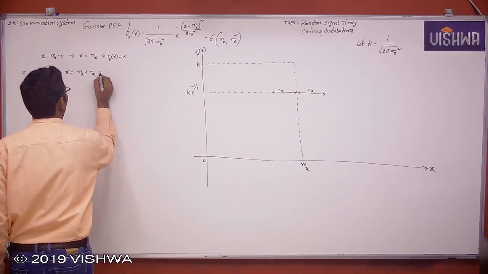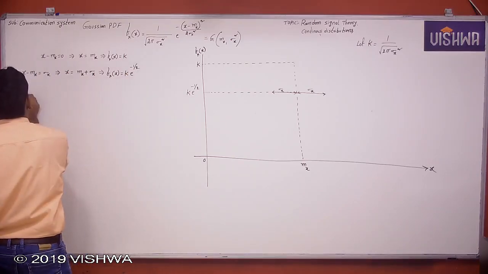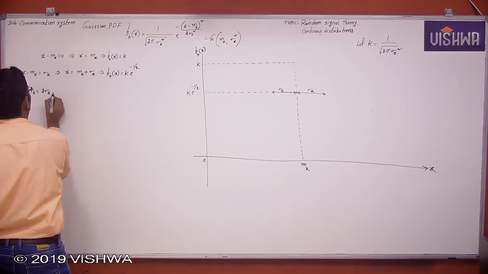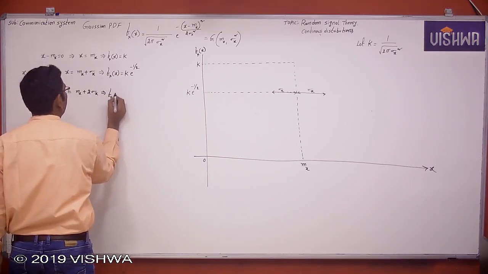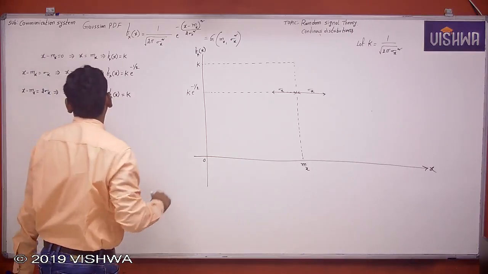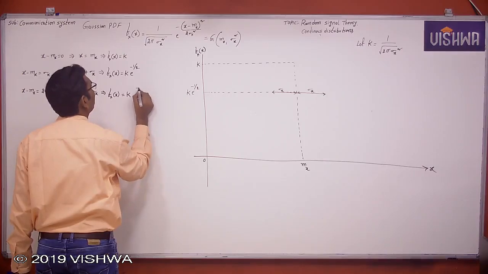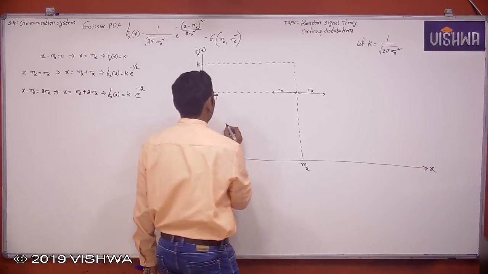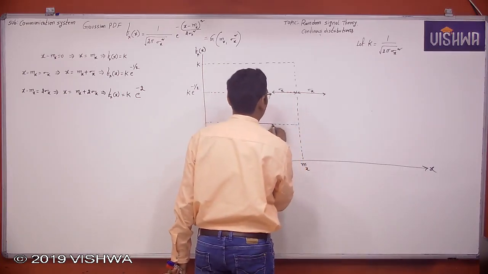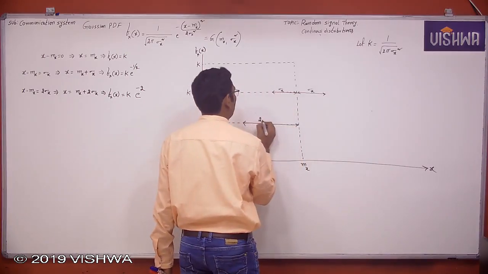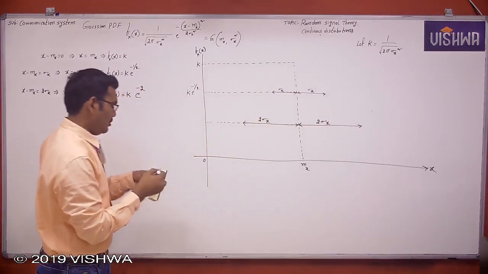Now when x minus mx is equal to 2 sigma x, that is x equal to mx plus 2 sigma x, fx of x is k into e power minus 4 by 2, which is k into e power minus 2. This is 2 sigma x distant from mx.